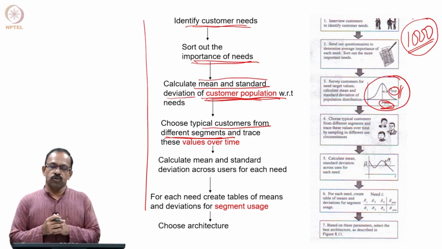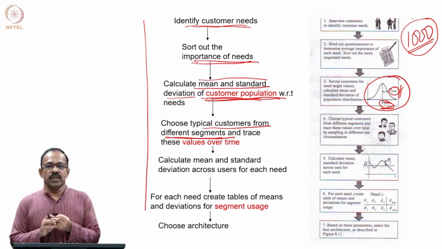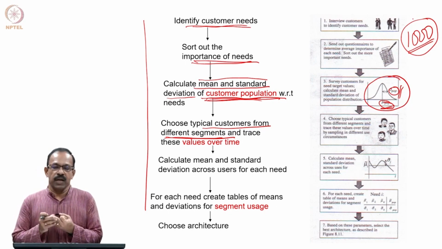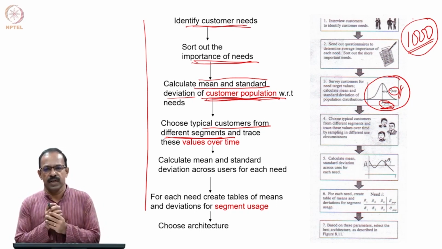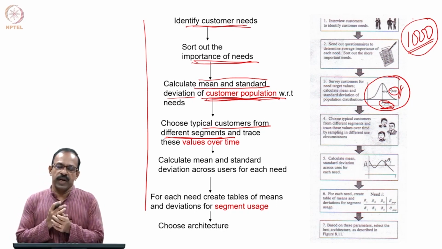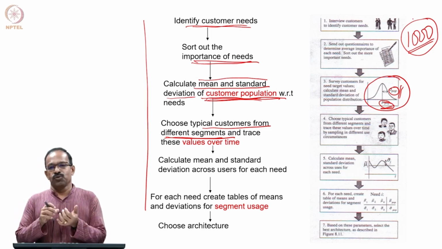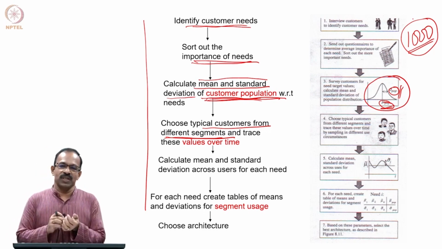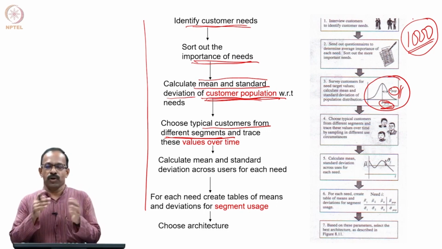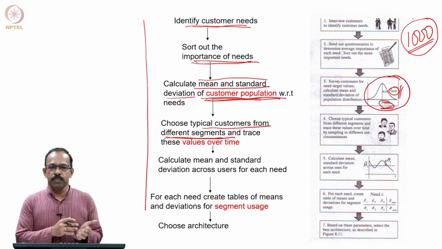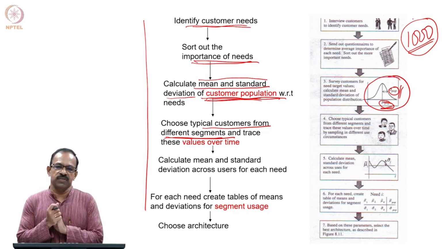The characteristic could be age or gender or their buying capacity or their occupation. There are many ways you can segment the population. We will be able to identify the low income group and high income group, or the student population and employed population, or male and female, or elderly people and young people. This way you will be able to identify segments.